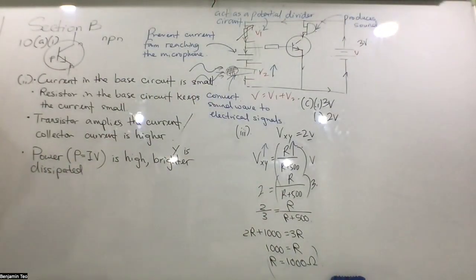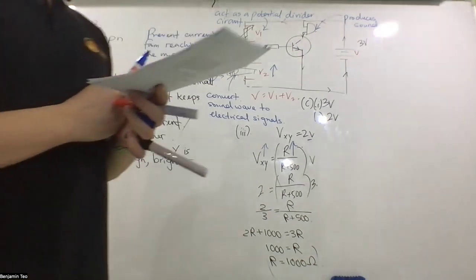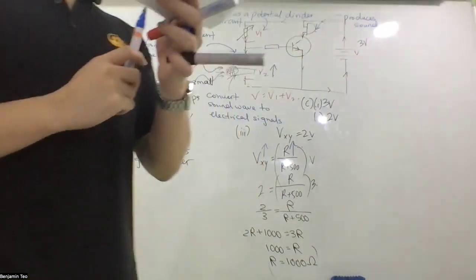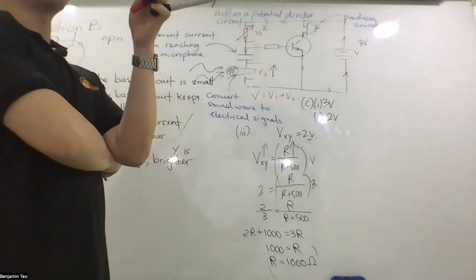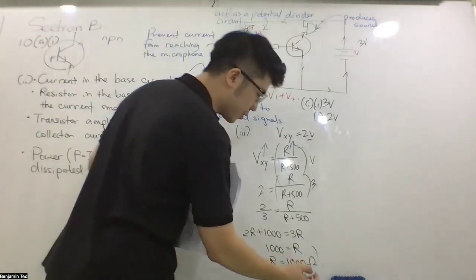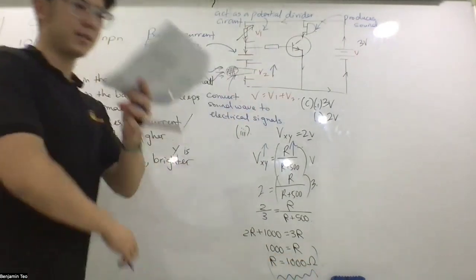Then it cannot turn on the transistor. Okay, so that is the reason why the question says maximum resistance. So 1000 ohms, the highest you can use.